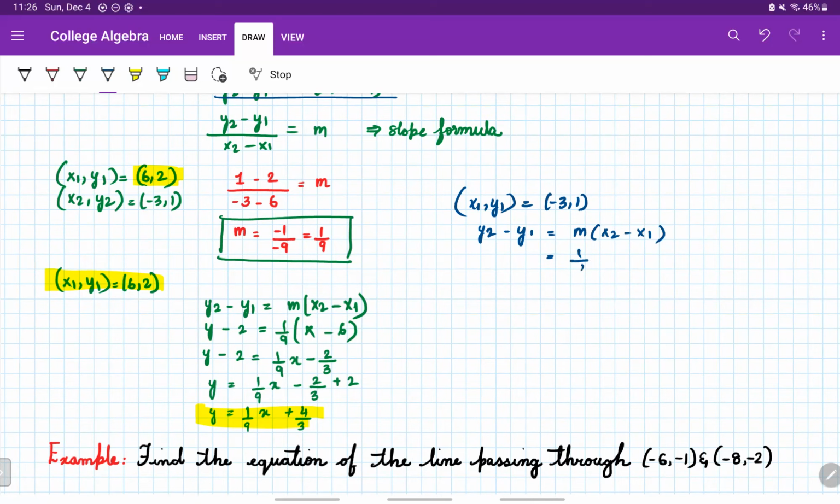M is still 1 by 9. X1 is negative 3. It becomes positive 3 because we have a negative here. And y2 minus y1 is 1. So instead of y2, let us call this just y and x. So y equals 1 by 9x plus 1 by 3 minus 1.